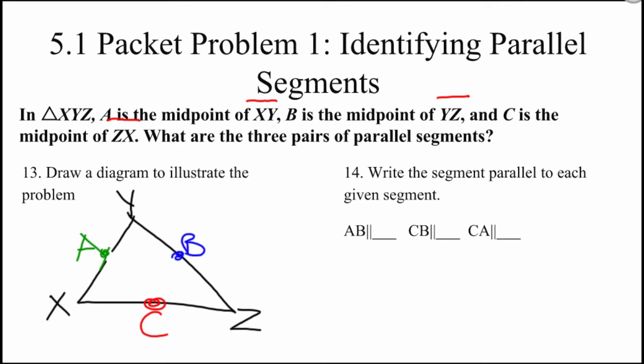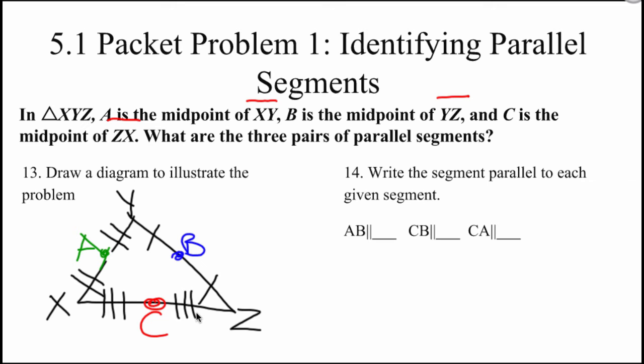So we've drawn the diagram, so we can tell that XA is congruent to YA, and YB is congruent to BZ, and ZC is congruent to CX.